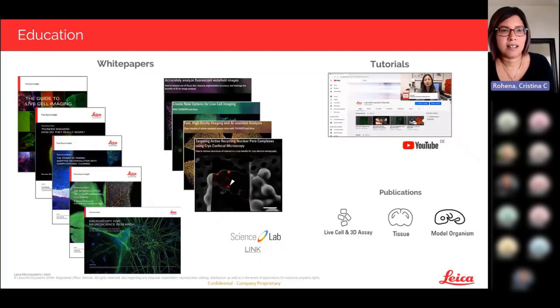And so with that, I'm going to go over some resources that we have available if you want more information about Thunder. We have a variety of white papers, everything from digging deeper into the technology of Thunder to guides on better live cell imaging techniques and fluorescence imaging itself.